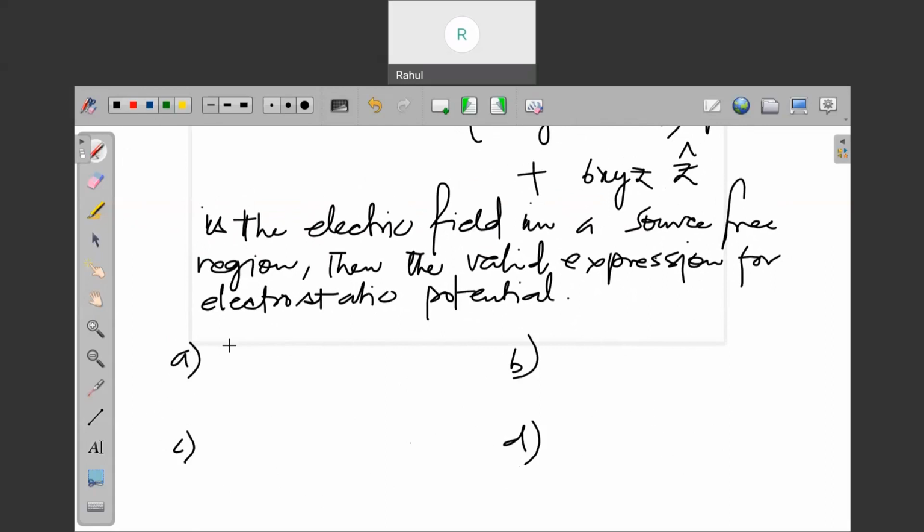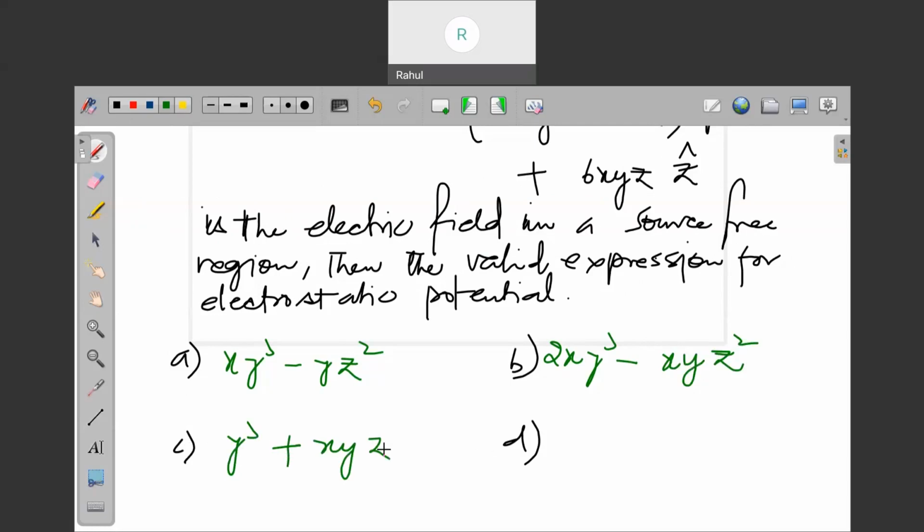So they have given x by cube minus by z square, and 2x by cube minus x by z square, and by cube plus x by z square, and 2x by cube minus 3 by z square x, right, 3z square x. So they have given this electrostatic potential in the options.